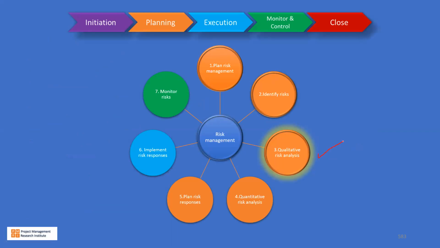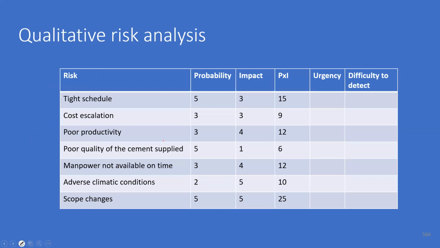Then comes qualitative risk analysis. It is very simple. You identify the risk. We have the risk register for it. Now, every risk we cannot manage or need not manage, so we rank the risk based on two parameters.